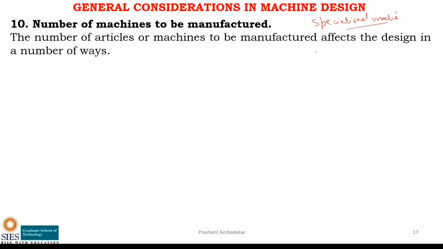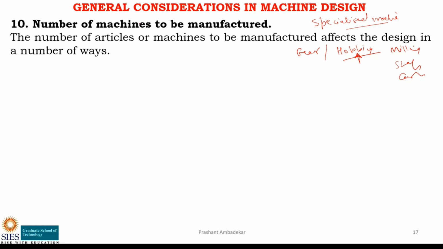For example, if you talk about gears to be manufactured, then you can use a gear hobbing machine. Instead of manufacturing it on a milling machine or shaping machine or maybe a casting process, you can think of getting a hobbing machine. It is a specialized machine for manufacturing gears only, and at a time 3 to 4 gears, depending on the axis for mounting the blank, we can manufacture more than one gear.